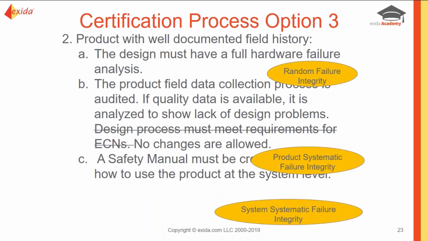There are times where we've had customers bring us a product and they get certified per this option because they knew their modifications system wasn't going to meet the requirements quite yet. However, we helped them get their modification process up to the requirements of the standard, and when they recertified their product, we did it per option 2 instead of option 3 when recertification came around.